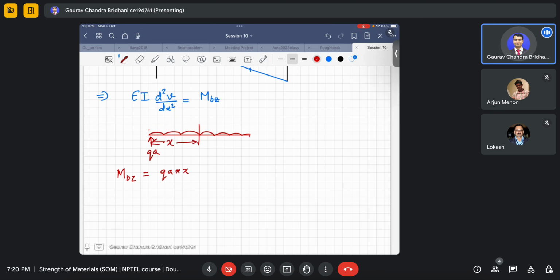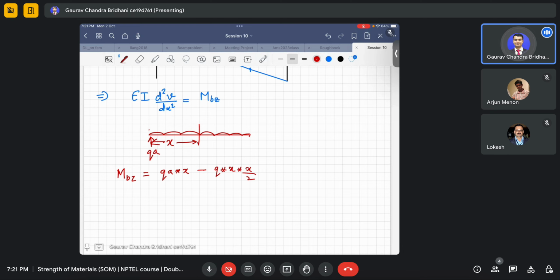Then the downward load about this point, this downward uniformly distributed load is causing a hogging actually, okay. So I will write minus q into x by 2, x by 2 is at the centroid.